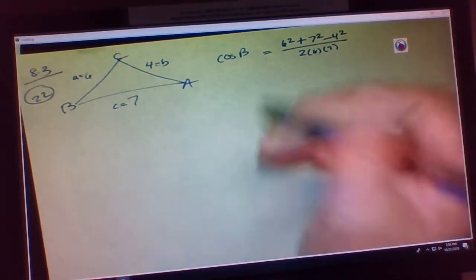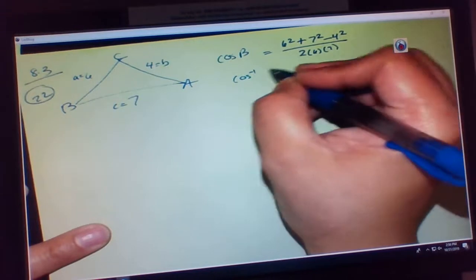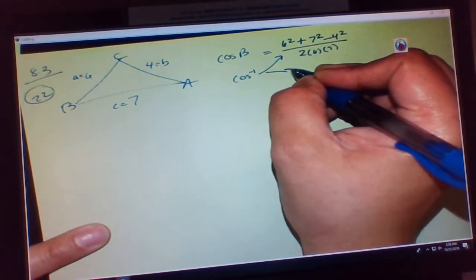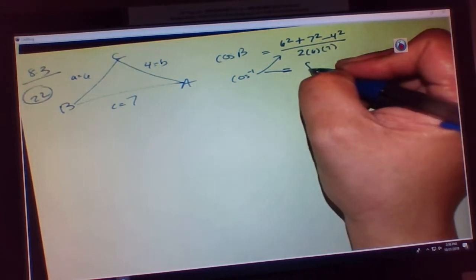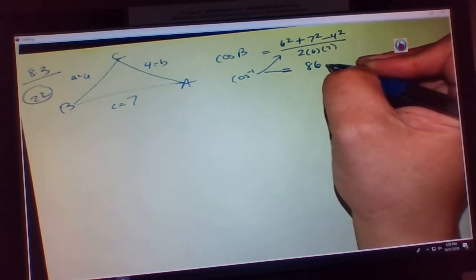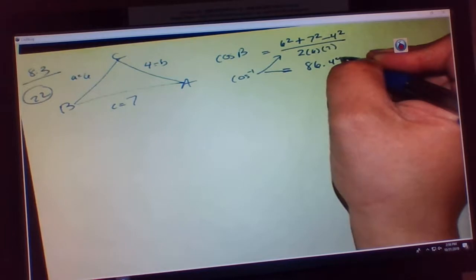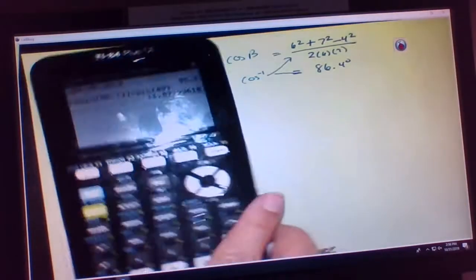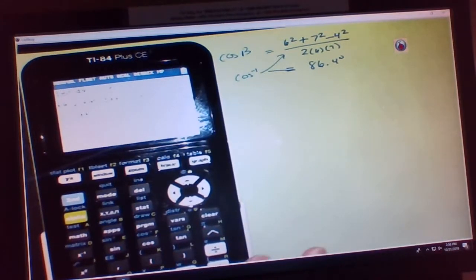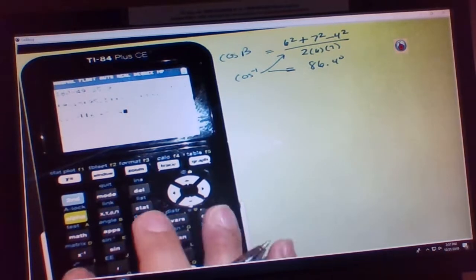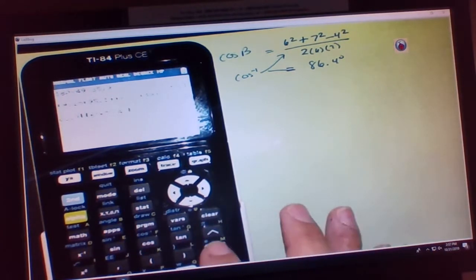And you put that into the calculator with the inverse, and that's my answer, 86.4, I think. Inverse cosine, 6 squared plus 7 squared minus 4 squared divided by 2 times 6 times 7.